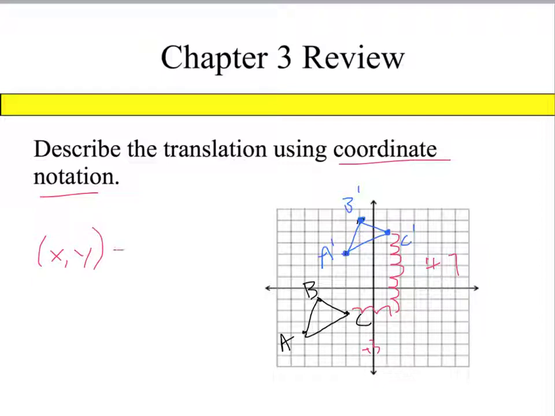What did it change to? Well, that changed right 3 and it went up 7. So my x added 3 when my y added 7. Okay, so every point that I have, A went right 3 up 7, and I could plot that. C went right 3 and up 7, and I could plot that point.